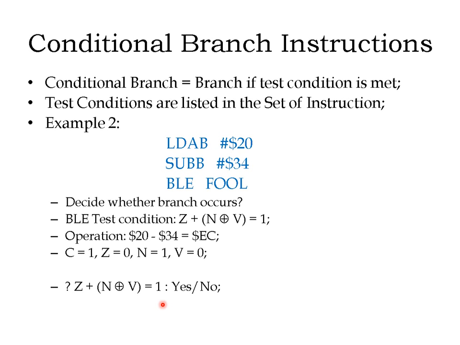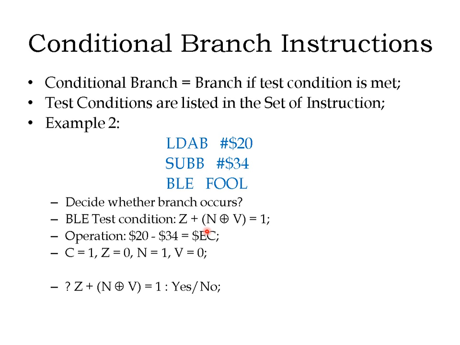Now in the 3rd line, you have the branch instruction. We always want to find the test condition from column 3. This is your test condition: Z plus parenthesis N exclusive or V, close the parenthesis, equals 1. Meaning this whole thing should be 1.